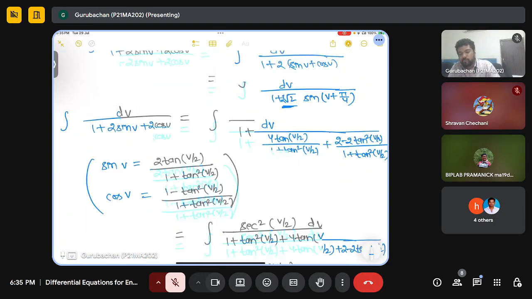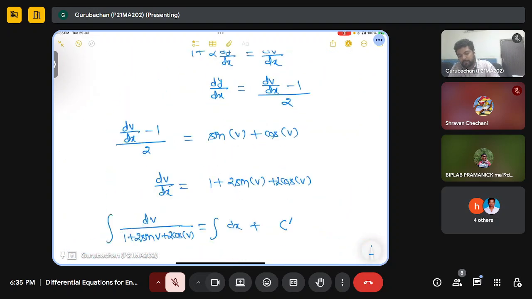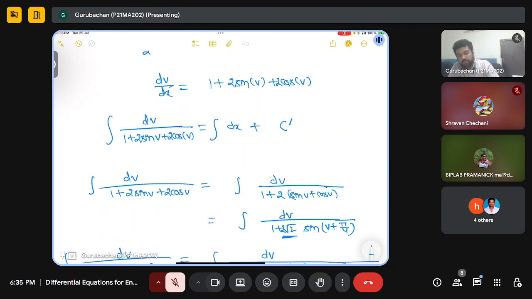Suppose second, but from where we have started from here. So this one is first. So RHS is simple. This is x plus c dash. So I can directly write it.